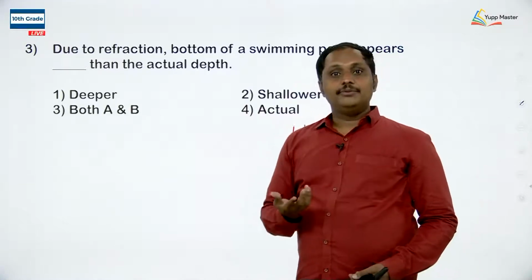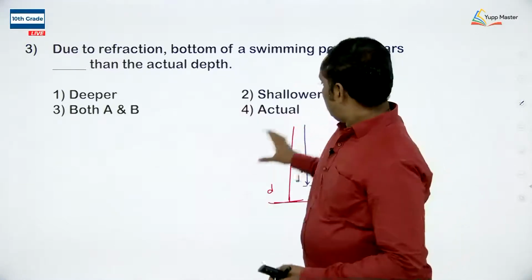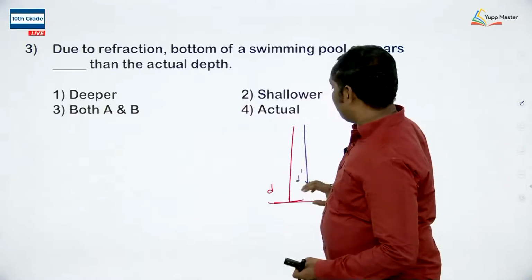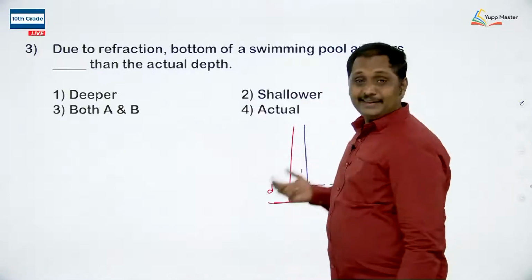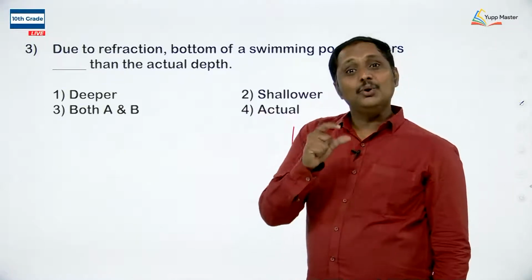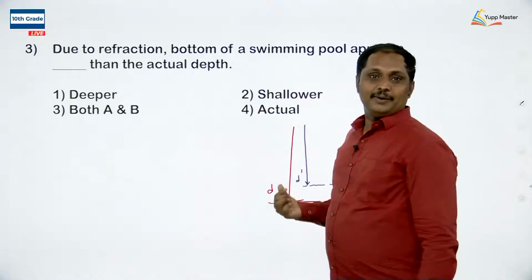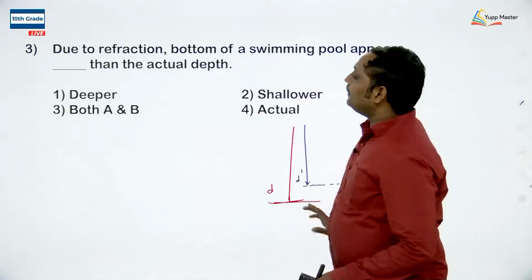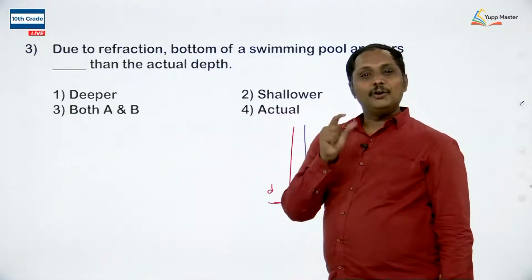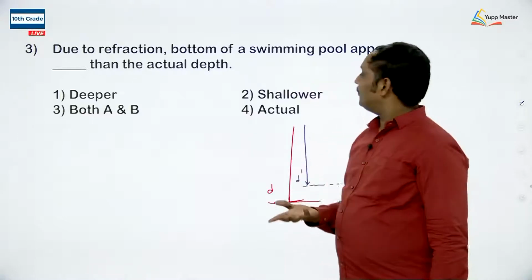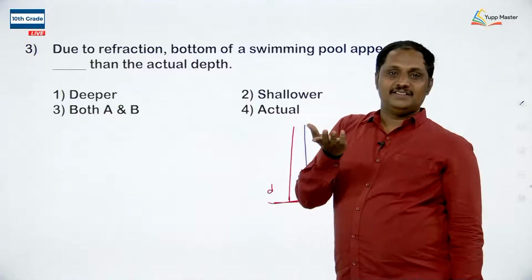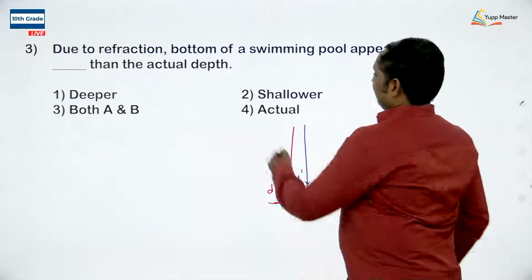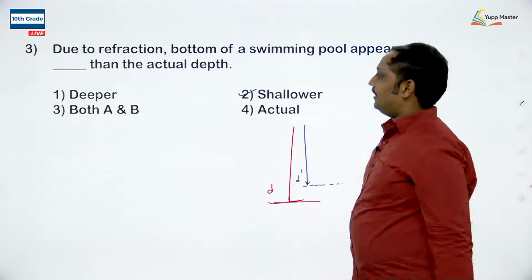Sometimes the actual depth is identified and the apparent depth is also identified. You need to identify the lateral displacement. So, this is very important. Please consider, due to the phenomenon of refraction, the bottom of the swimming pool appears shallower, it is raised, very simple. It is a very easy question. Please have a look. Right, let's go for another question.